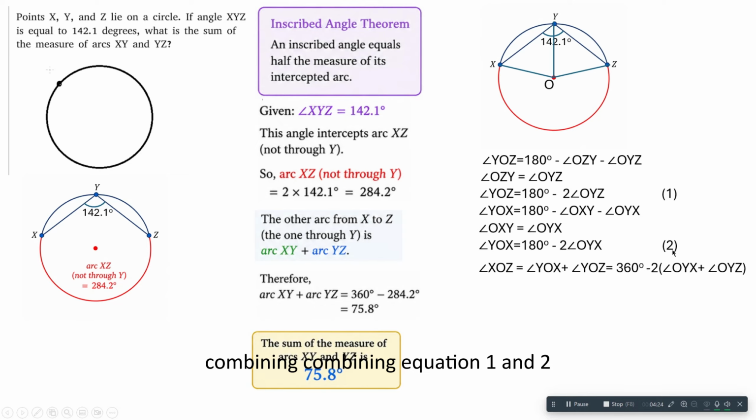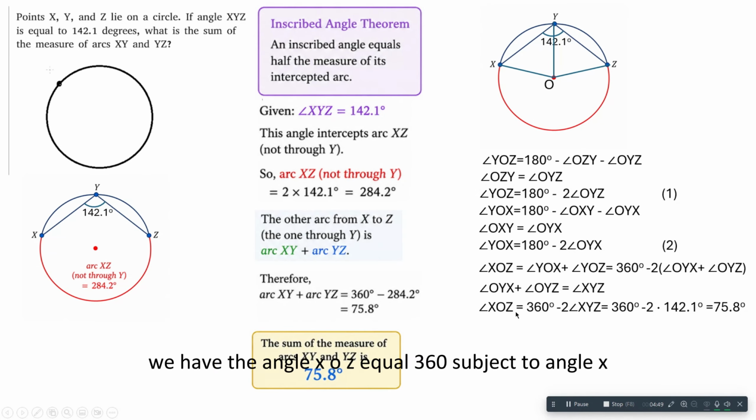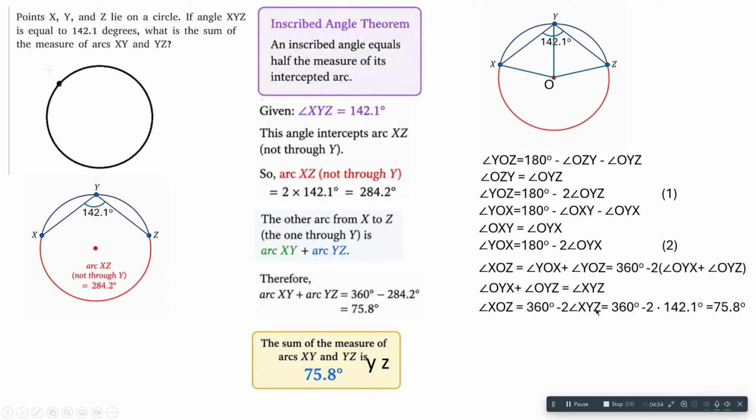Combining equations 1 and 2, we have XOZ equal YOX plus YOZ equal 360 degrees minus 2 times the total of angles OYX plus OYZ. But since OYX plus OYZ equals the angle XYZ, rearranging, we have the angle XOZ equal 360 degrees, subtract 2 times angle XYZ, and plugging the numbers in, we have 75.8 degrees.